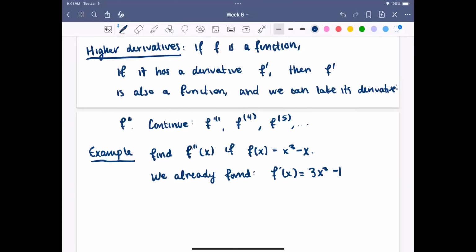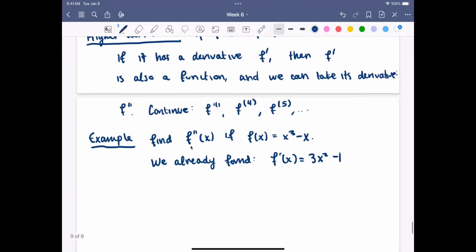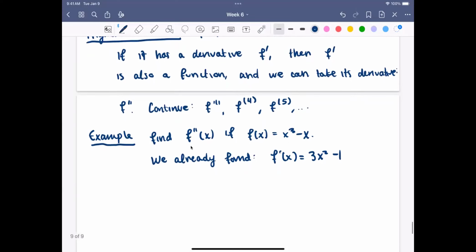Okay, so we can compute this limit, so this derivative, f double prime of x will be given by the limit as h approaches 0 of f prime of x plus h minus f prime of x, divided by h.